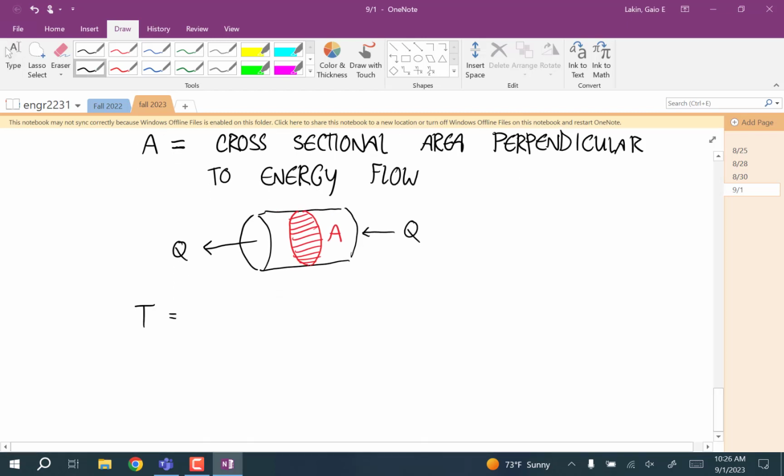T is the material temperature at a given X location. And X is the position along the path of the heat transfer.